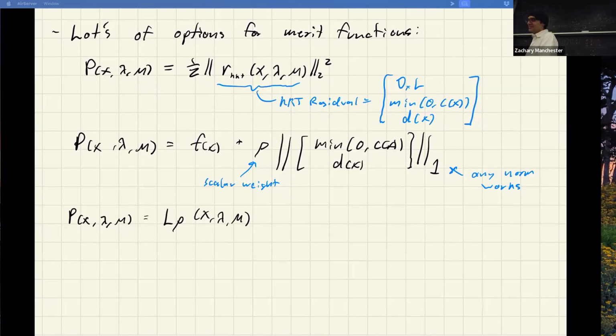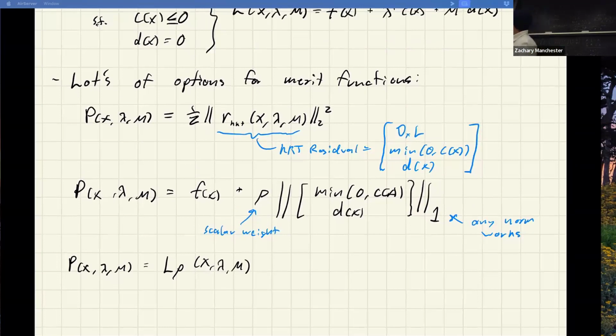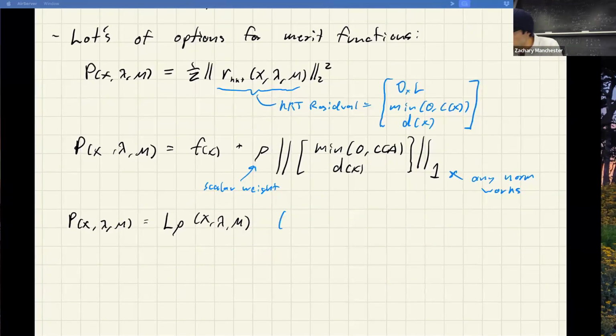So it looks a lot like the residual. The reason this is super nice is if you're already doing an augmented Lagrangian method, you basically get the merit function and its gradient for free. You're already computing it. So this is extremely convenient in that setting. But people also use the augmented Lagrangian as a merit function in other methods that aren't just augmented Lagrangian methods. So it's a general thing.